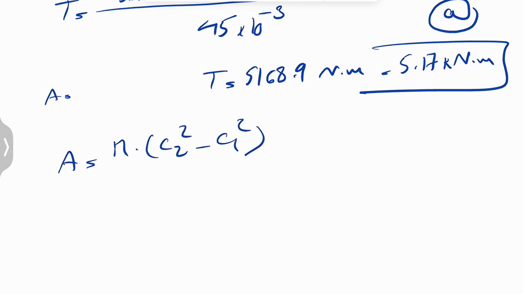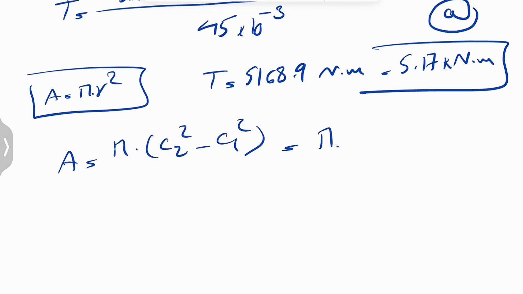We know the area of a circle is pi r squared. So this is going to give us the area, and this has to be equal to the area of a solid shaft. We're just going to call this radius C in here, and let's see what we get.